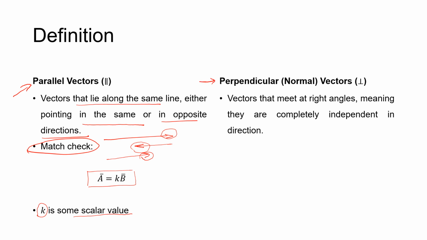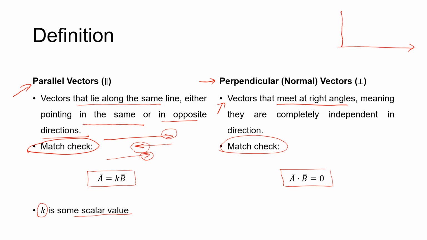Perpendicular vectors are vectors which have a right angle between them, meaning they are in completely independent directions. A quick check for perpendicular vectors is that a dot b will equal 0. We need to note an important point: in 3 dimensions, two vectors can still be perpendicular.